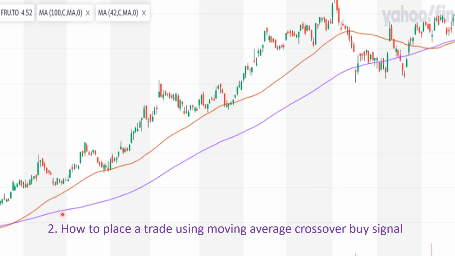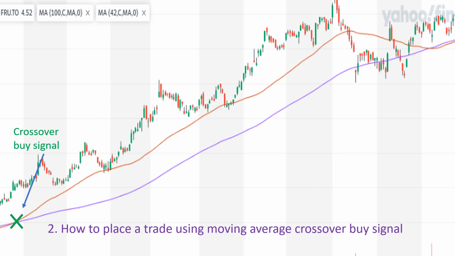Now here the fast moving average crosses the slow moving average, generating a crossover buy signal.